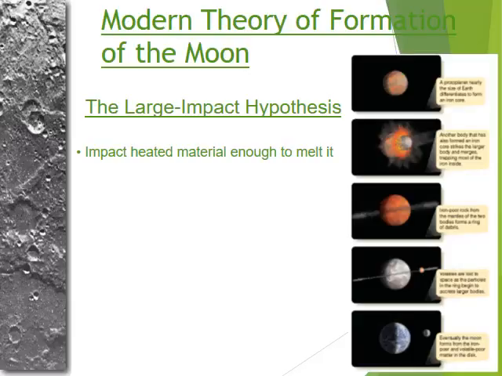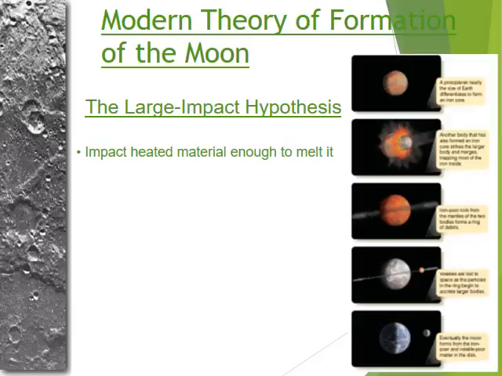Okay, so within our chapter, our module, where we're really dealing with the solar nebular theory, there's also another theory, and that has to do with the formation of the moon. How did the moon form? In the past, as your book describes on page 180, there were a couple of different hypotheses: the fission hypothesis, the condensation hypothesis, the capture hypothesis.